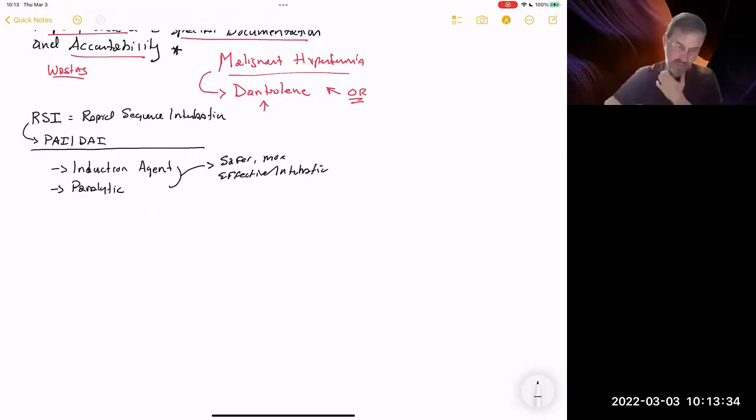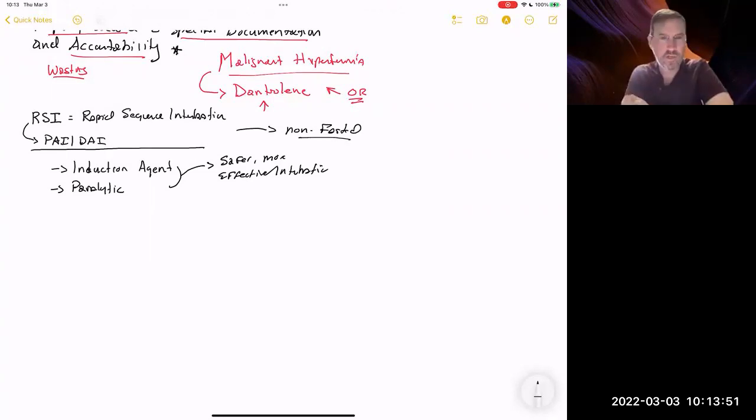The reason this was originally developed, or at least RSI, was that most patients in the pre-hospital environment are non-fasted patients. If you go to the hospital for an outpatient, scheduled, or elective surgical procedure, you will have instructions to not eat the day prior to your surgery. So you'll be what we call fasted.